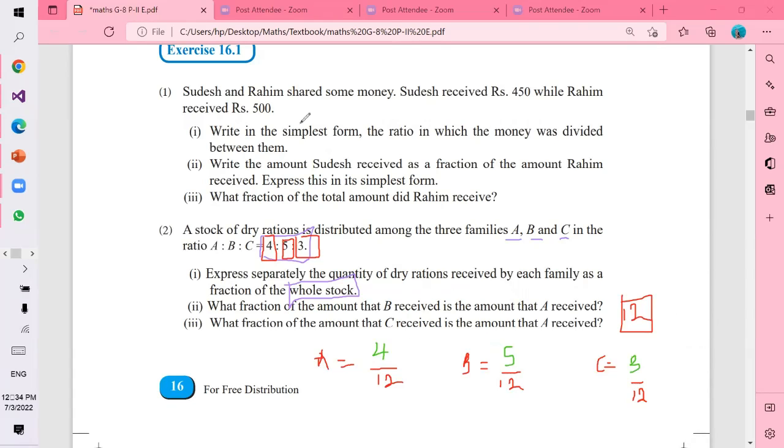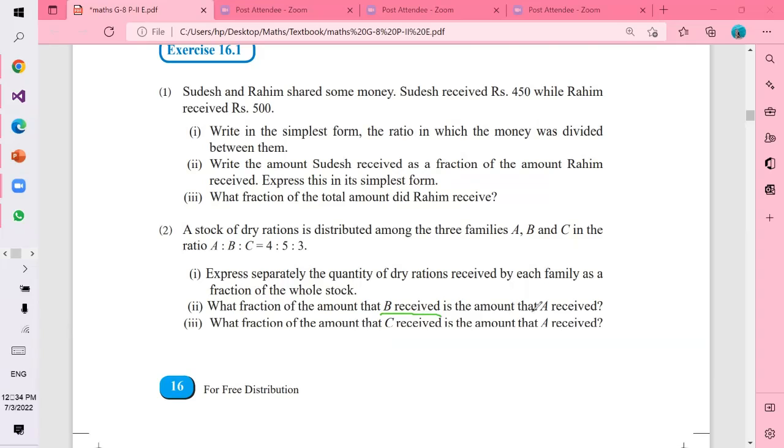Then, next question. What is the fraction of the amount B received that the amount A received? That means of the amount B received. When we say of the amount, it means that amount is the denominator. So we know that B is the denominator.